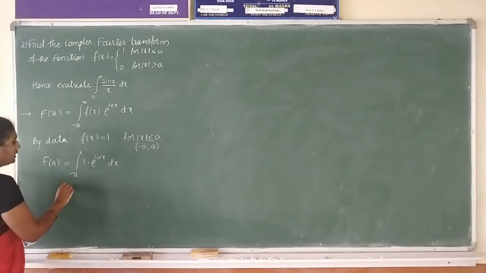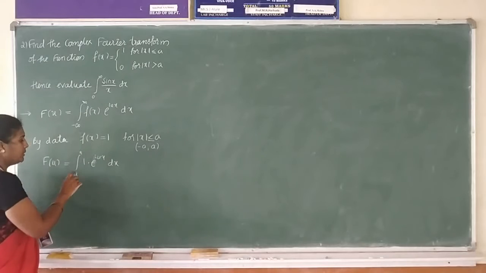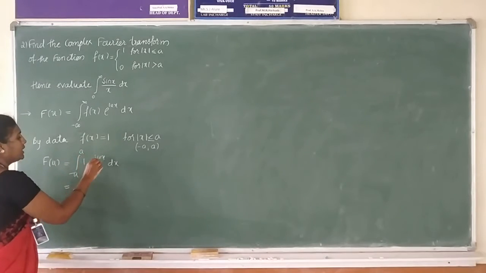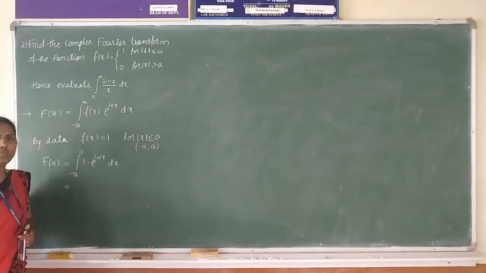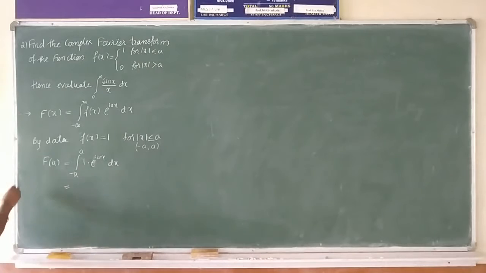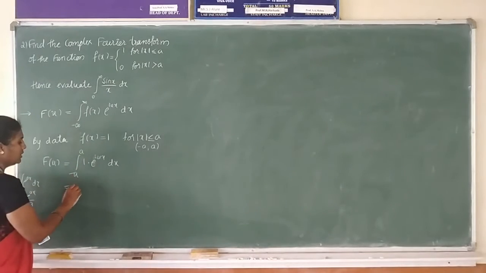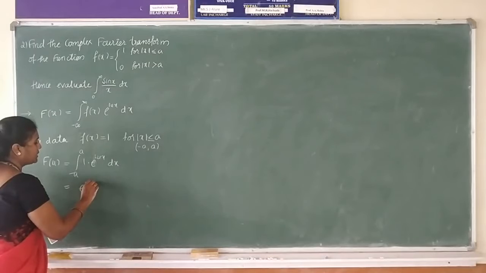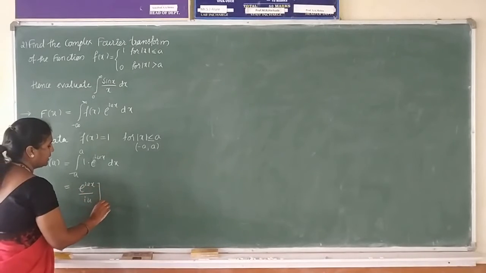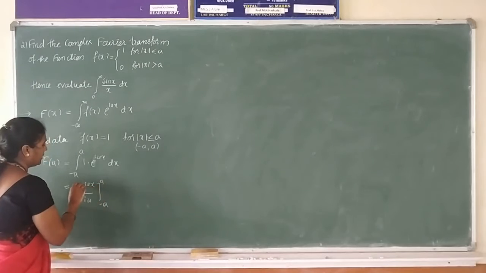Now we need to integrate this e to the power iux between the limits minus a to plus a. Integration of 1 into e to the power iux is e to the power iux upon iu, just as the integration of e to the power ax dx is e to the power ax upon a. This becomes e to the power iux upon iu between the limits minus a to a.